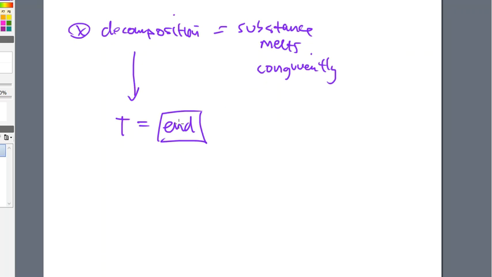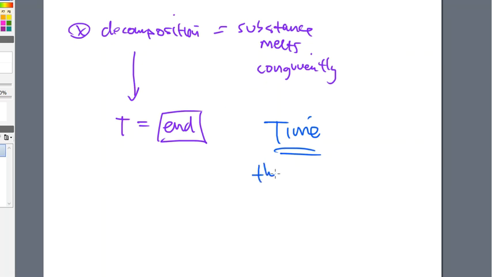No matter what goes on in a laboratory environment, I want you to understand that this process takes a little bit of time, right? So it's not going to be immediate.